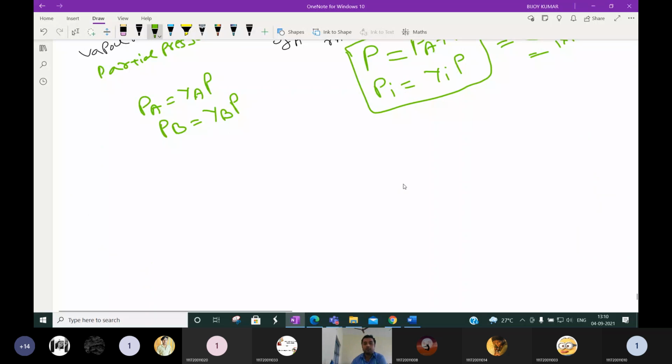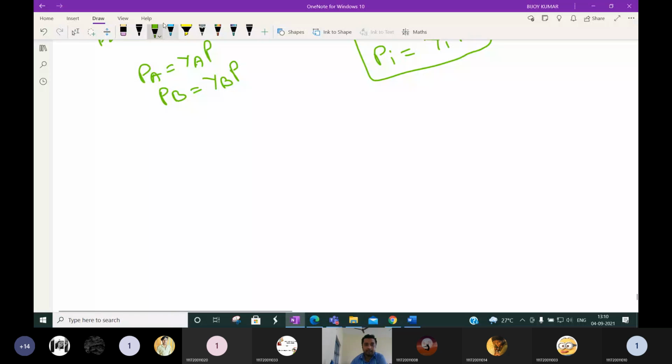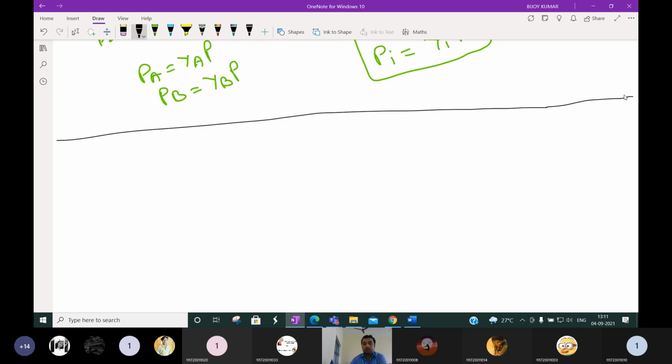Okay, let's proceed again to our main topic in unit 1. We are discussing vapor pressure. Can anyone say, suppose one open jar, open pan is there, and we keep 1 liter of water.